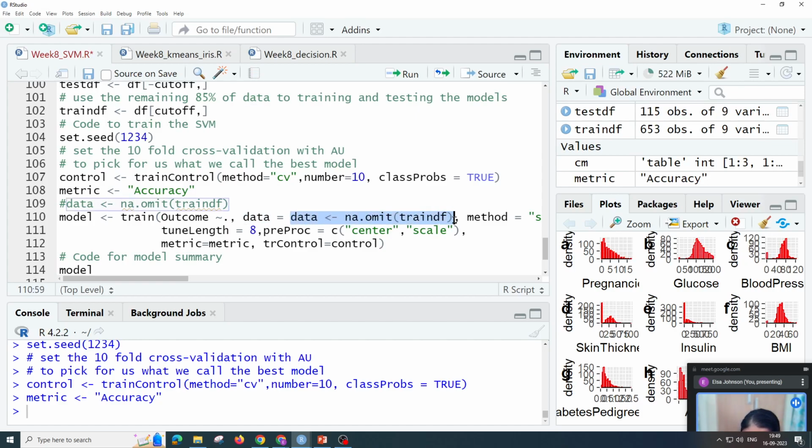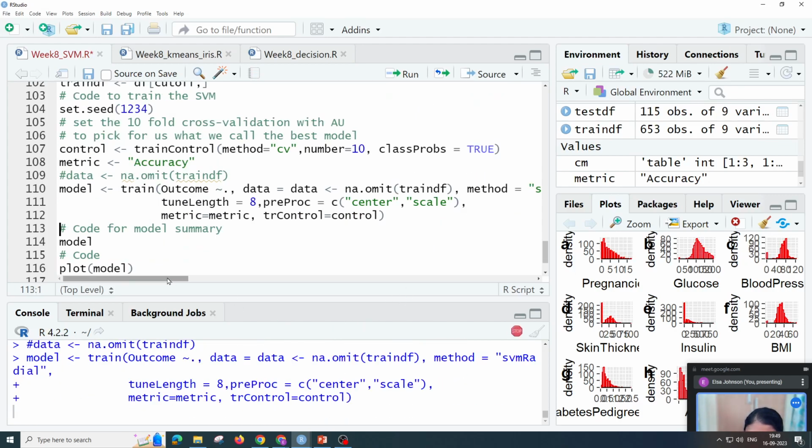I'm changing that data as na dot omit of train df. So any NA values still in the training set will be omitted, because if there are some missing values, it won't be producing a result. So we are avoiding that. Now I am doing the model.